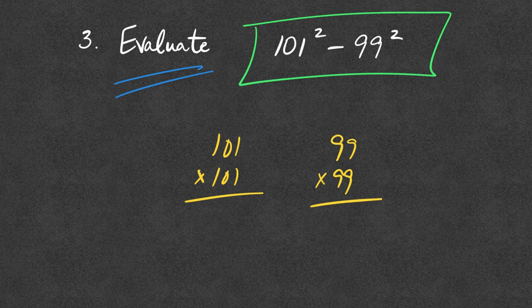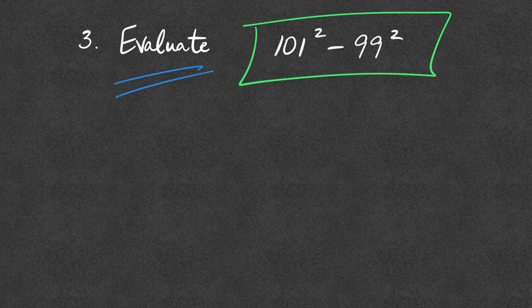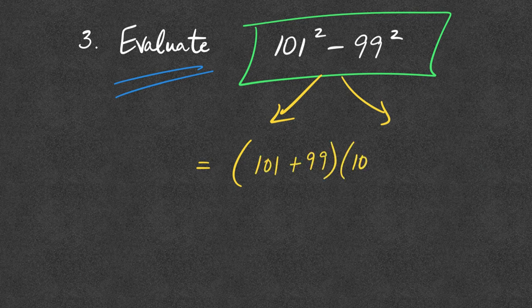That's going to take forever. But if we recognize that 101 squared minus 99 squared is a difference of squares, then maybe to evaluate it, what might make it easier is to factor it first. Well, if we can recognize that that does factor, and it factors into conjugates, 101 plus 99 times 101 minus 99.